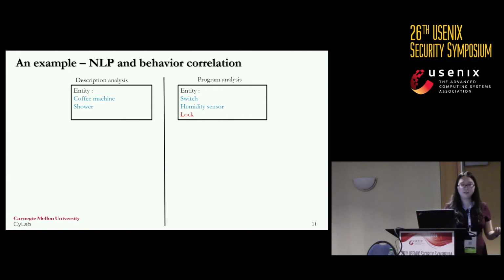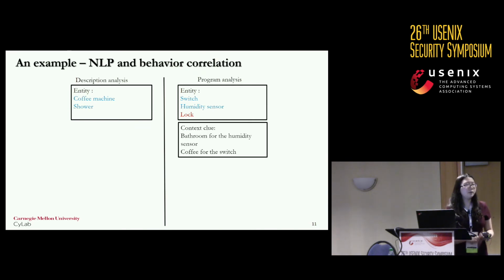At this stage, it's difficult for us to really understand which entity matches the other entity on these two blocks, right? But remember that when we did the first program analysis, we got the information about the context. For example, we know that the bathroom is for the humidity sensor, and also the coffee is for the switch. So it will be easy for us to match the coffee machine with the switch, and the shower with the humidity sensor.